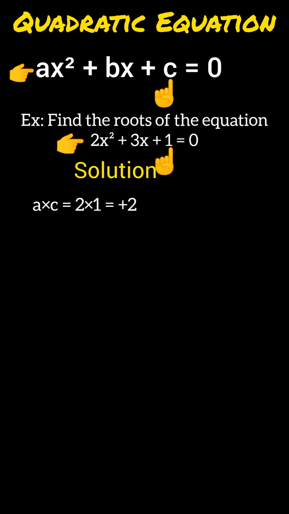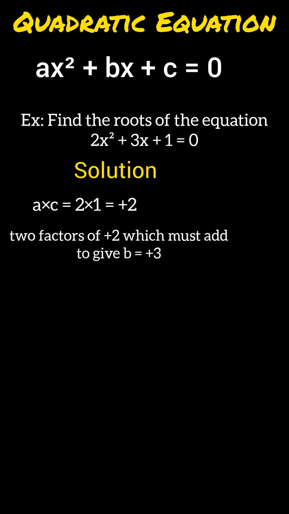So first of all, we do a times c. That is 2 times 1 in our case. And that is going to give us 2. Next, we are going to find 2 factors of this AC. Remember, our a times c is plus 2. Find 2 factors of it, which when added will give us plus 3.